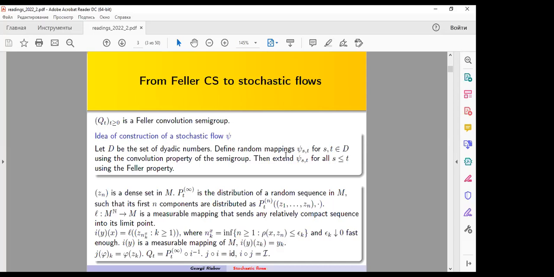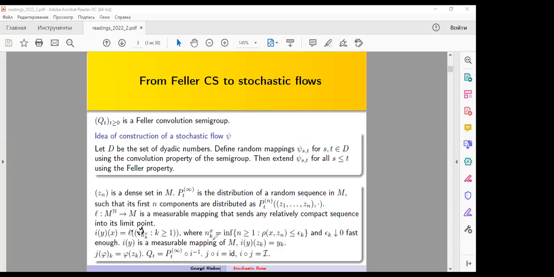I of y of x is defined as follows. So here it must be not z, but y. So y is some sequence, and x is a fixed point.